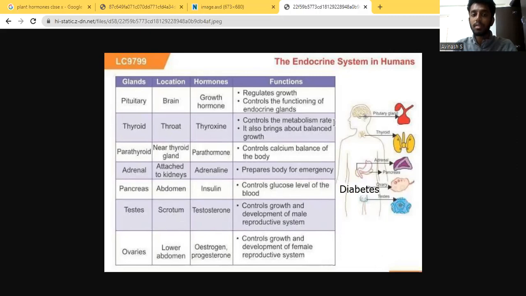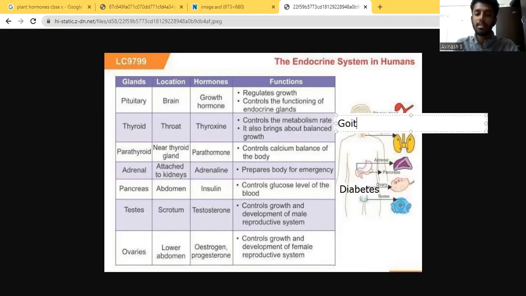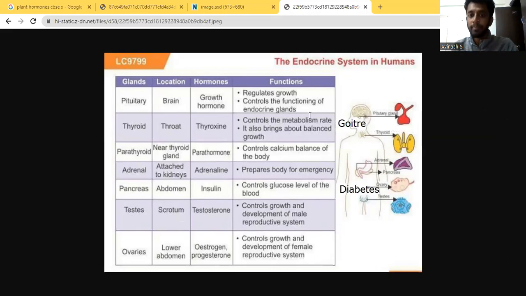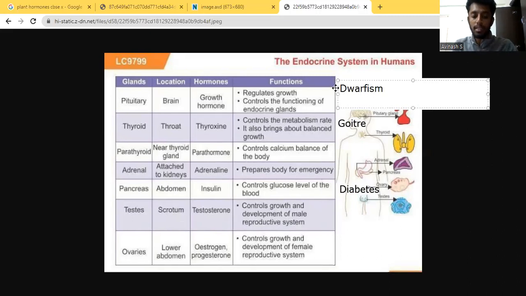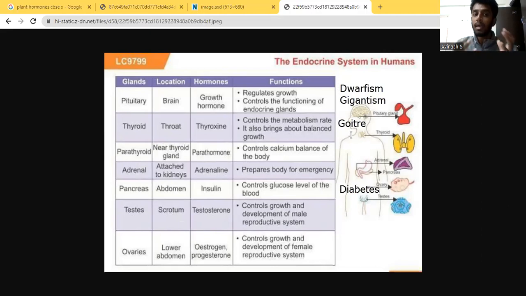Similarly, if thyroid hormone is not secreted properly, we have a disease called goiter. Goiter means there is a swollen neck. Similarly, when the pituitary gland does not secrete growth hormone in proper proportions, it causes dwarfism or gigantism. So there is an effect for all of this. If it is secreted in very little quantity, the person will be very short.